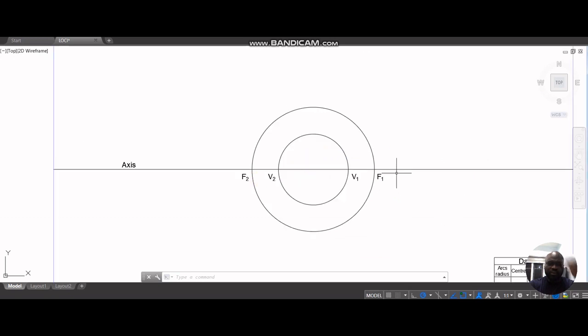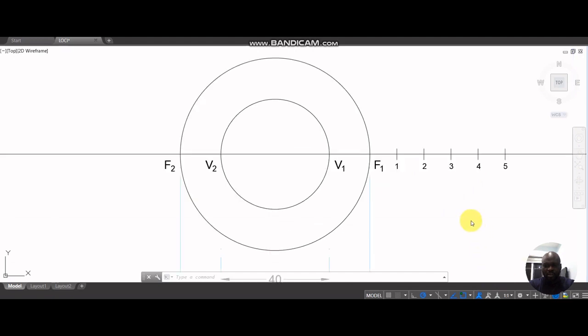So now, the next step is to have equal divisions in front of one of the foci. In this case, I'm going to have 5 divisions along this axis from F1. Those of you who are drawing students know how to do this.